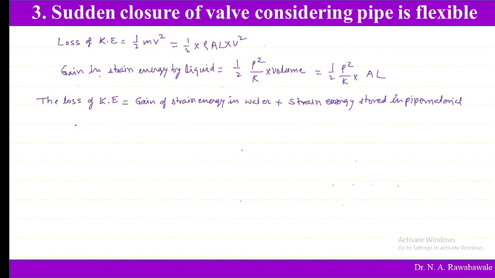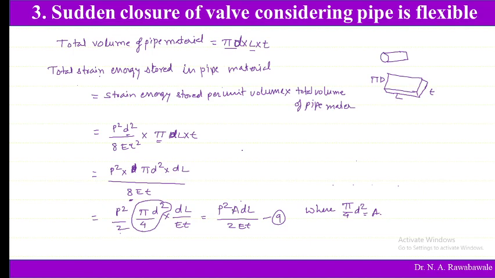plus strain energy stored in pipe material. Therefore, loss of kinetic energy is half rho a l v square, whereas gain in strain energy of liquid is half p square divided by k into al, whereas strain energy stored in the pipe material is given by equation number 9, that is p square a dl divided by 2 et.